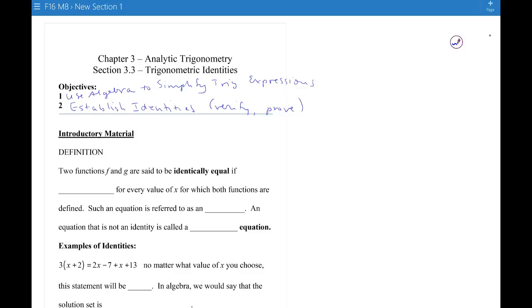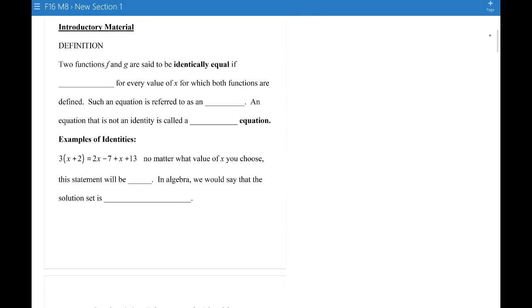So recall that two functions are said to be identically equal if f of x equals g of x for every value of x for which both functions are defined. So such an equation is referred to as an identity.